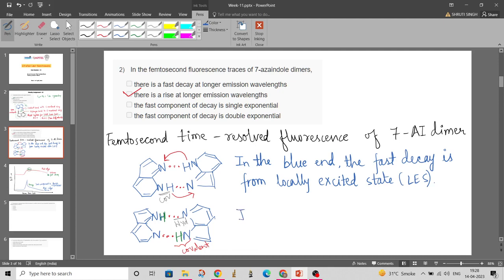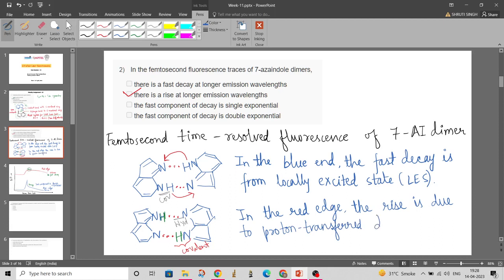And the red edge which we saw is for the proton transfer dimeric form, which is formed in the excited state. And in between I have not drawn.